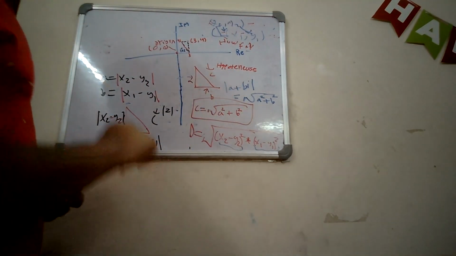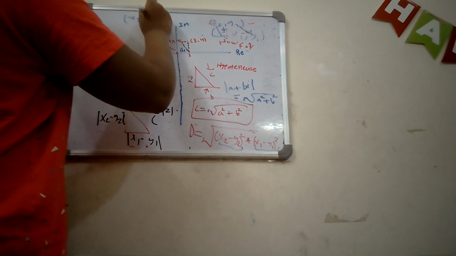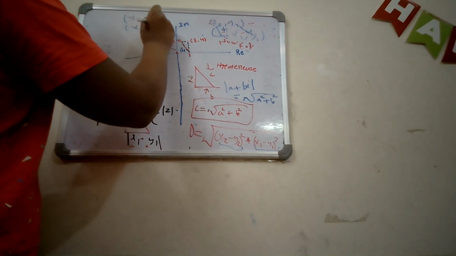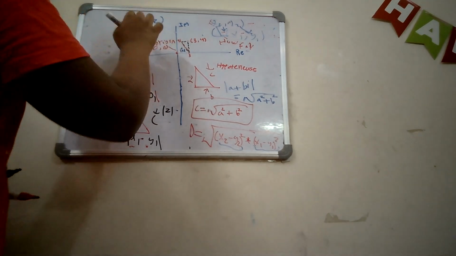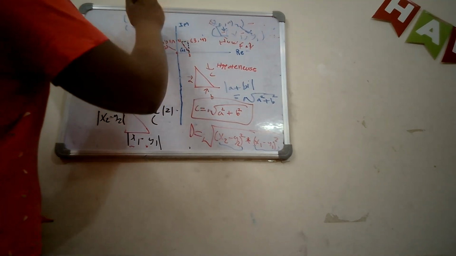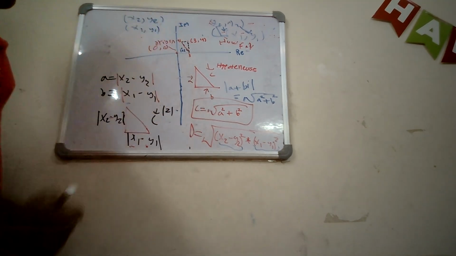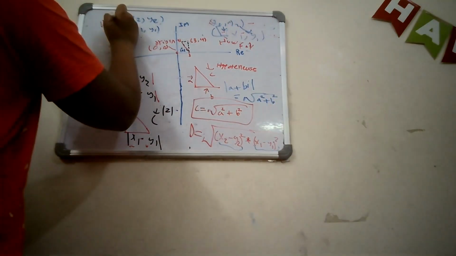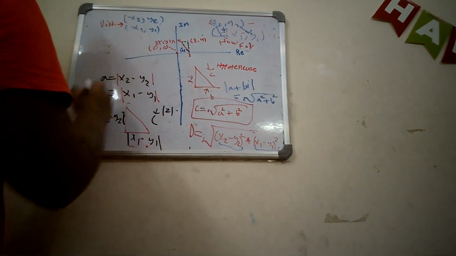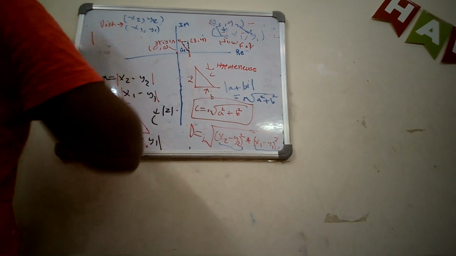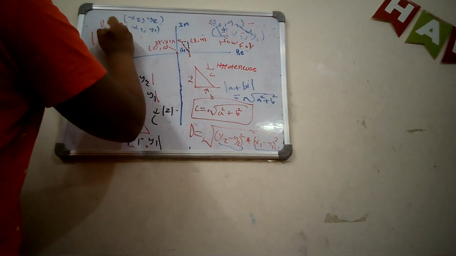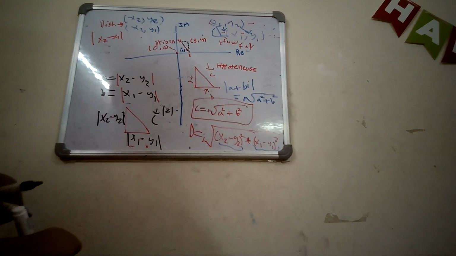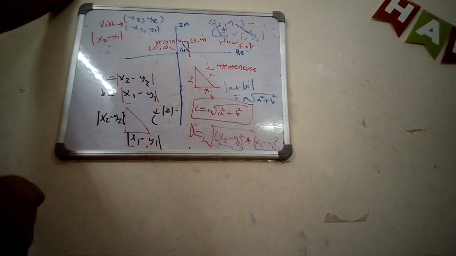So if I have x2, y2, and I have x1, y1, just to make it final, the distance between these 2 points would be the modulus of x2 minus x1.